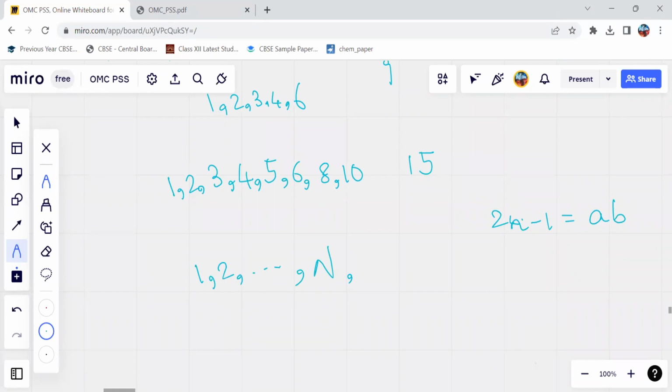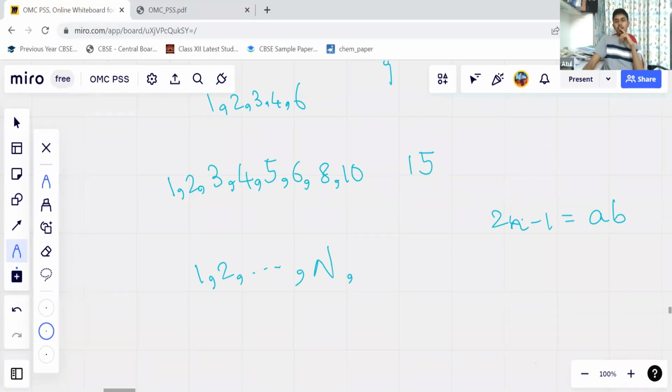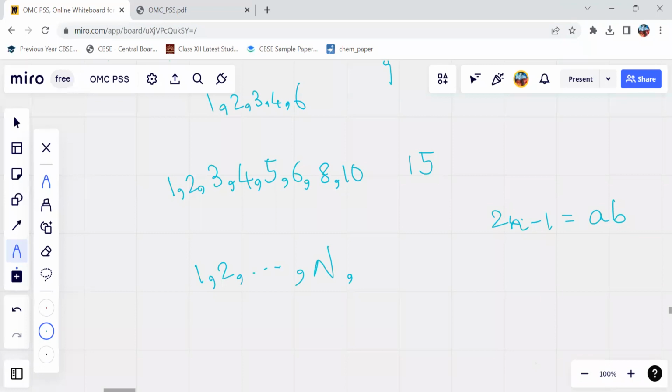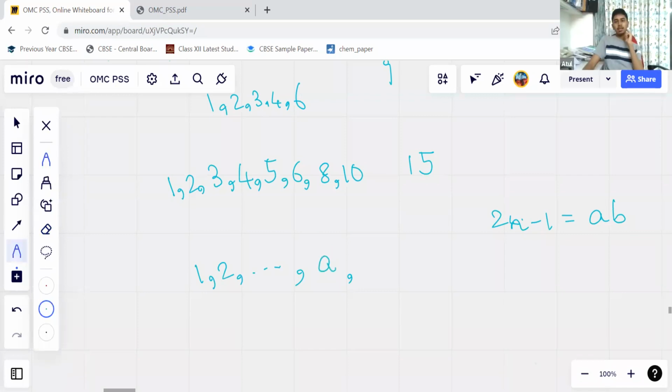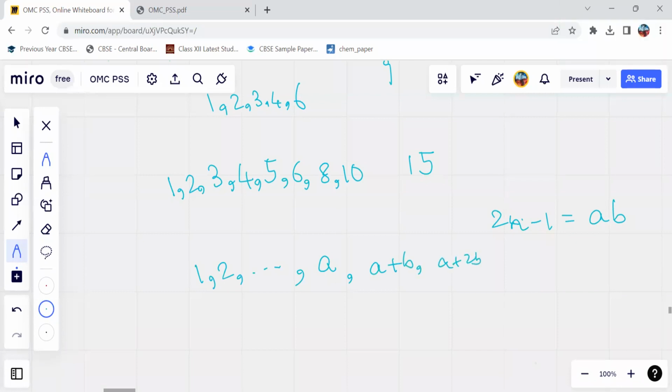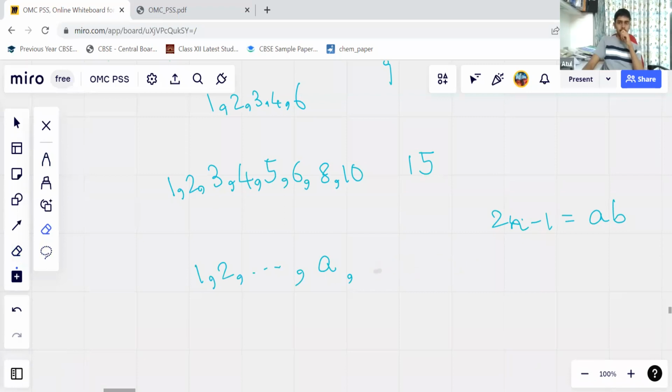It should also depend on the fact that 2n minus 1 is composite. So that's why I'm trying to use these factors A and B. So maybe 1 to A and then A plus B, A plus 2B, A plus 3B. Yeah, I was thinking that, but that's just too many numbers. And A plus B is not even working for 15.